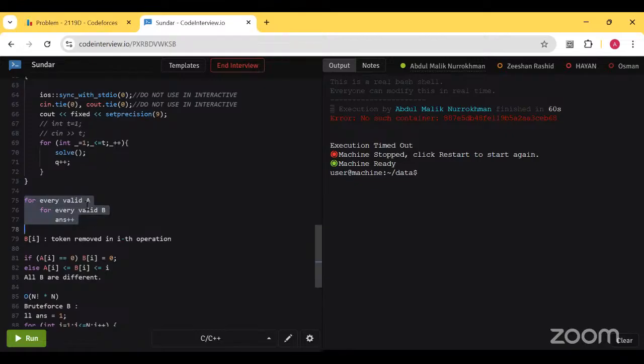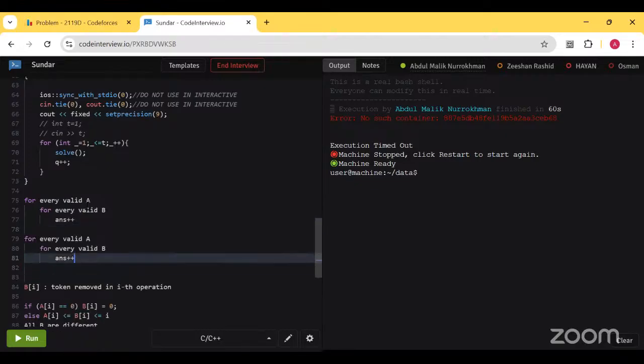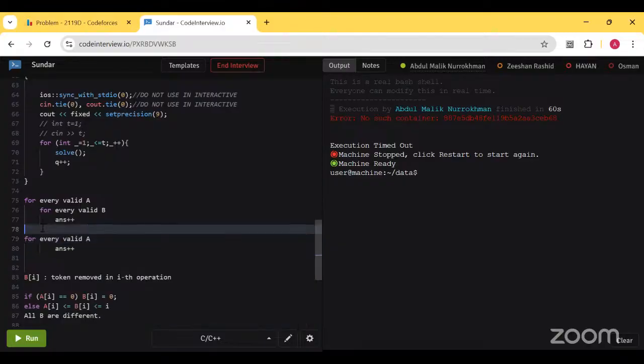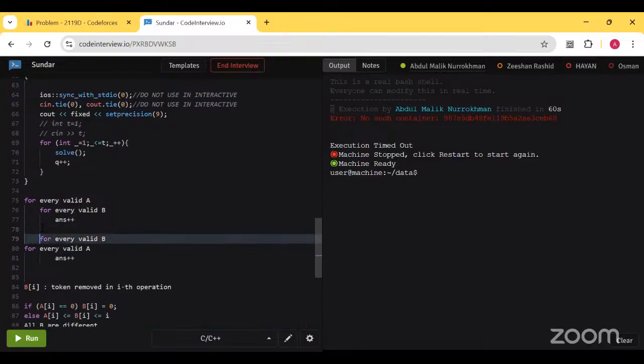The main problem is like this. So what if we change the problem into like this? Okay, are they the same?